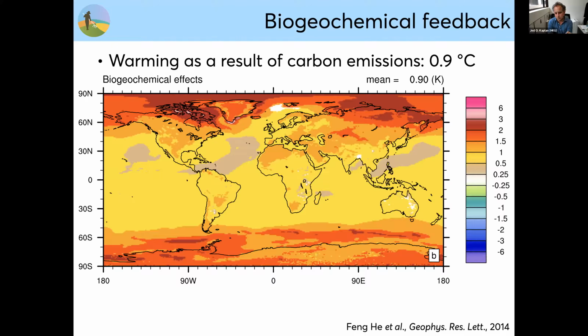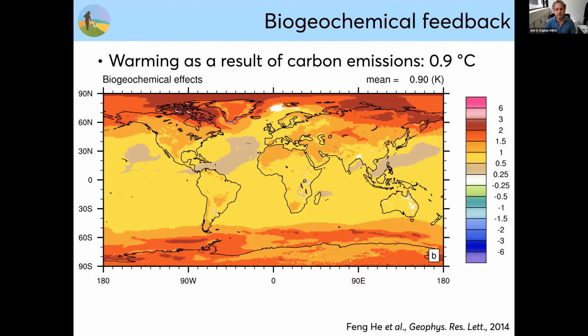And that warming is particularly important at the highest latitudes, which is also what we see in the present day, and what we project for the future, that the Arctic and Antarctic will warm faster than the rest of the world. But it's still a global effect.